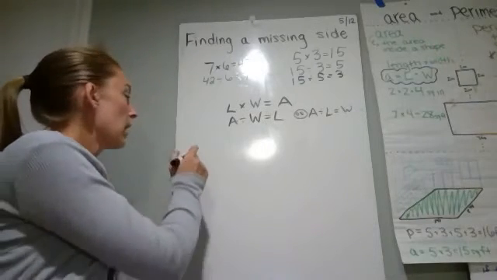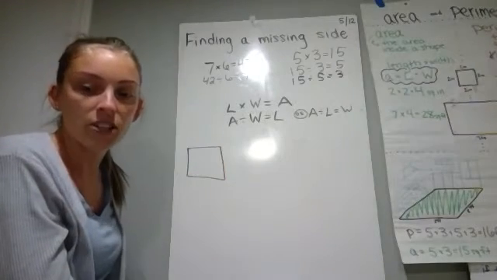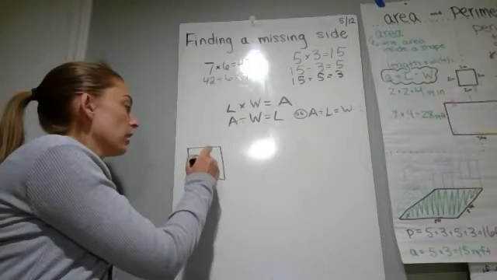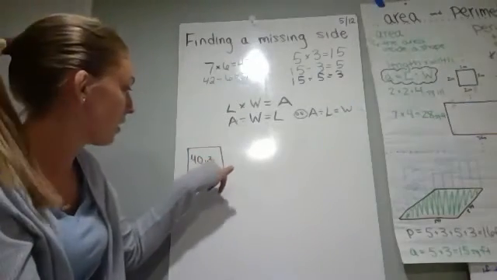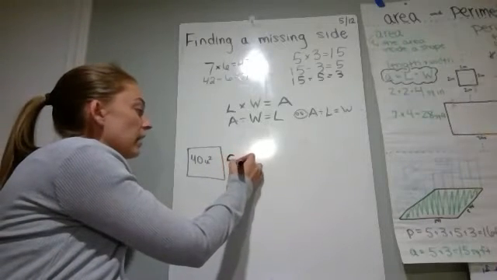So let's go ahead and apply this. If I have a shape with an area of 40 units squared, another way you can write square units is with an exponent of 2, and I know one side is 5.